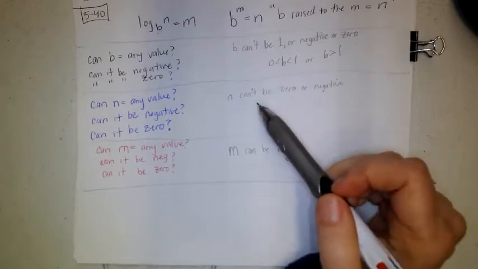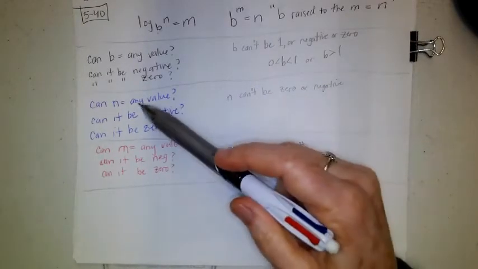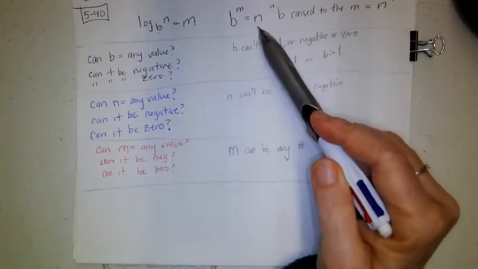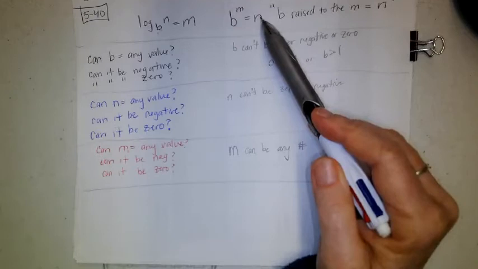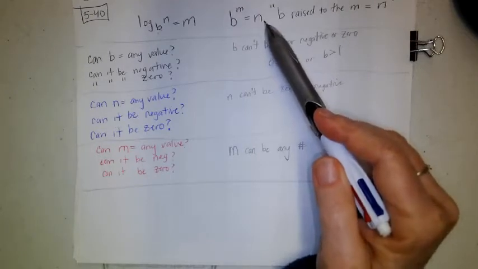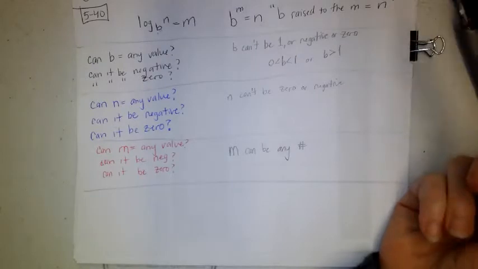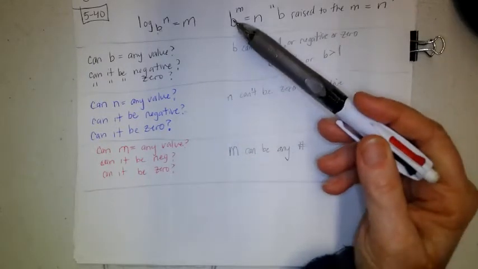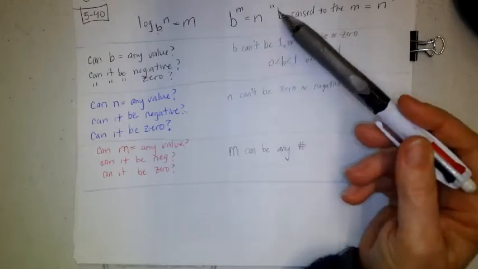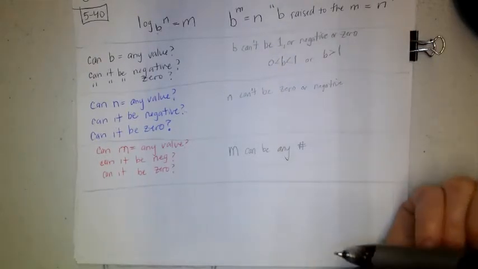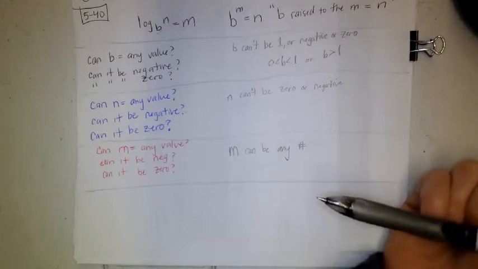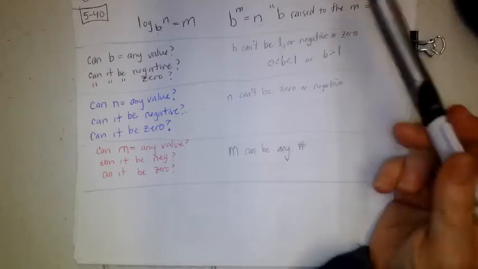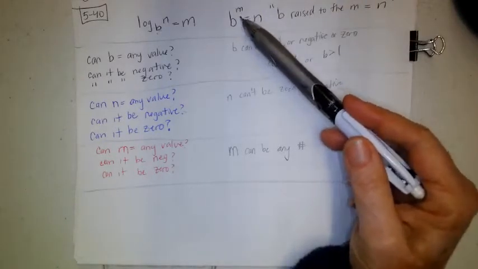And then n. So can n have any value? I'm thinking n can't be negative, because is there some number that I can raise to a power and get a negative answer? Think, and you will find that there's no number that you can raise to any power to get a negative answer.